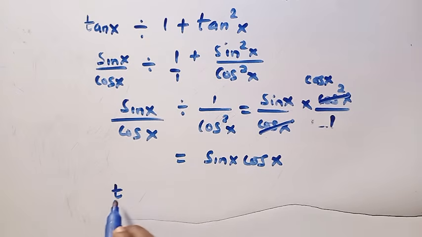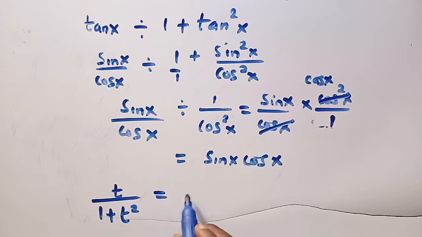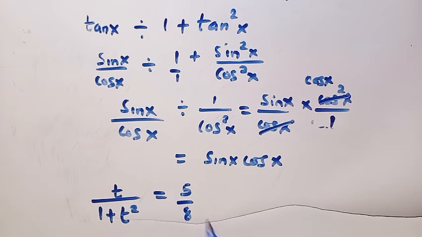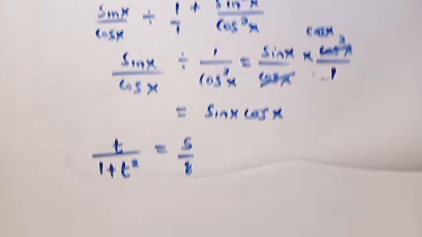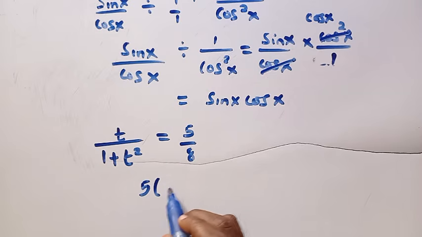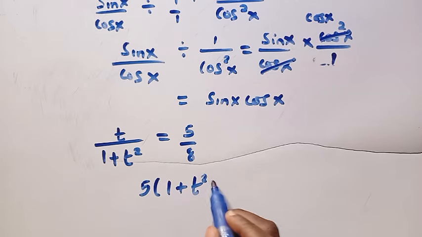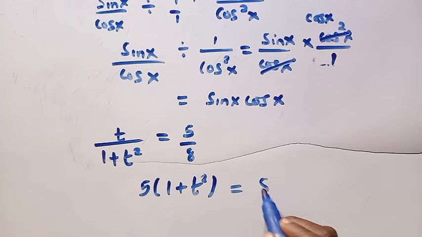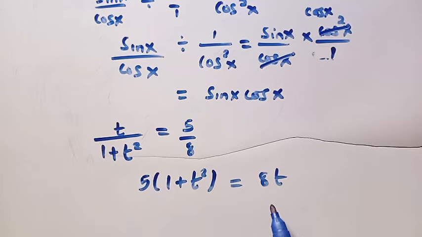So since we let t be tan x, t divided by 1 plus t squared equals sine x cos x, but sine x cos x gives us 5 over 8. Then we cross multiply, so we have 5 times (1 plus t squared) equals 8t.